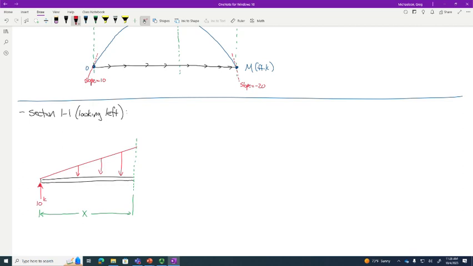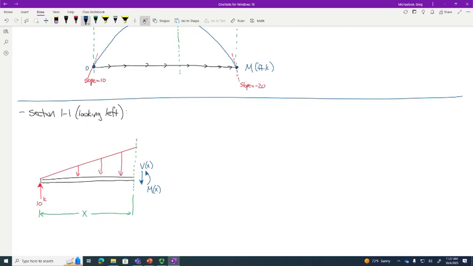Now, what we're going to solve for is some unknown shear and some unknown moment. I'll usually leave it as V and M, but if you want, you could say shear as a function of x, M as a function of x. If you want to use that notation, that's fine too.